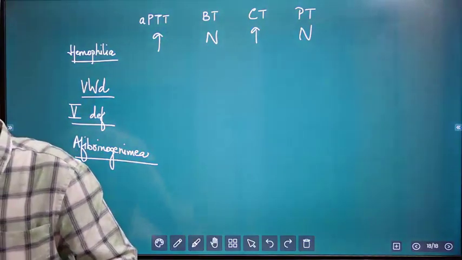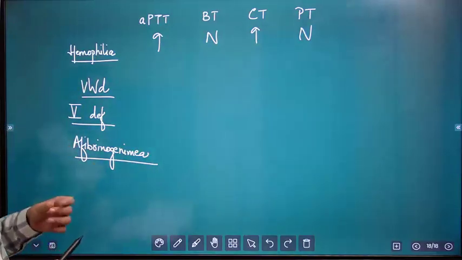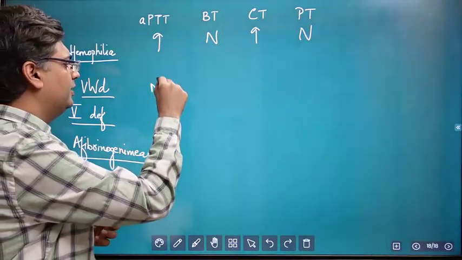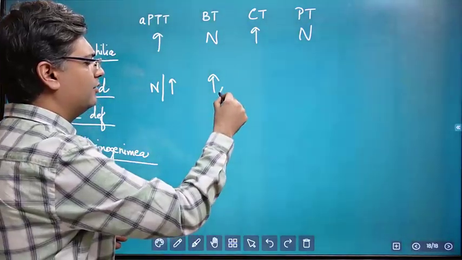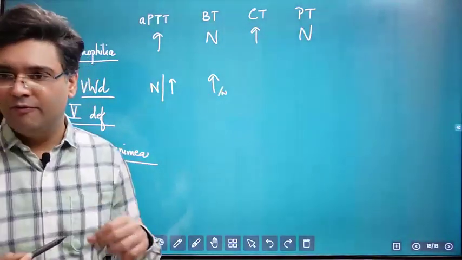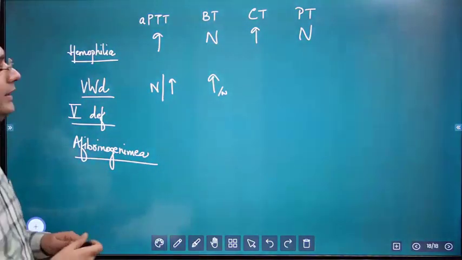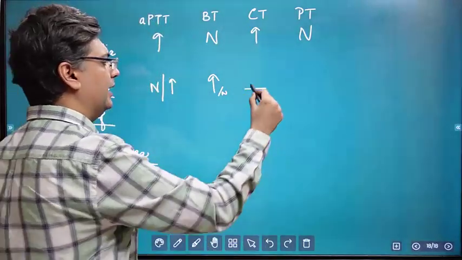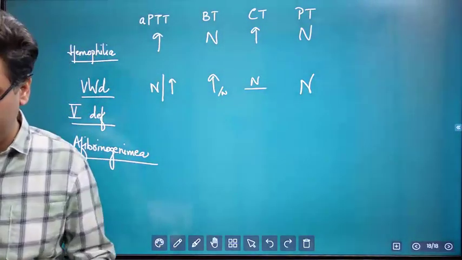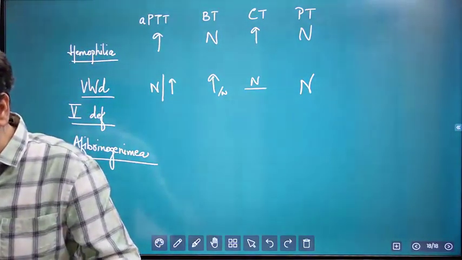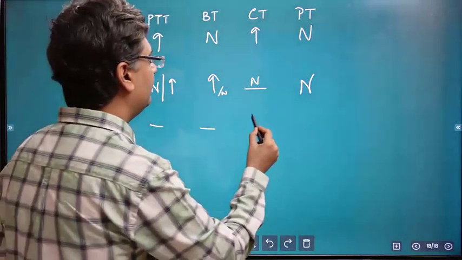In von Willebrand disease, APTT could be normal or elevated. Bleeding time is generally elevated, or mildly could be normal. CT is going to be normal, and PT is also generally going to be normal.